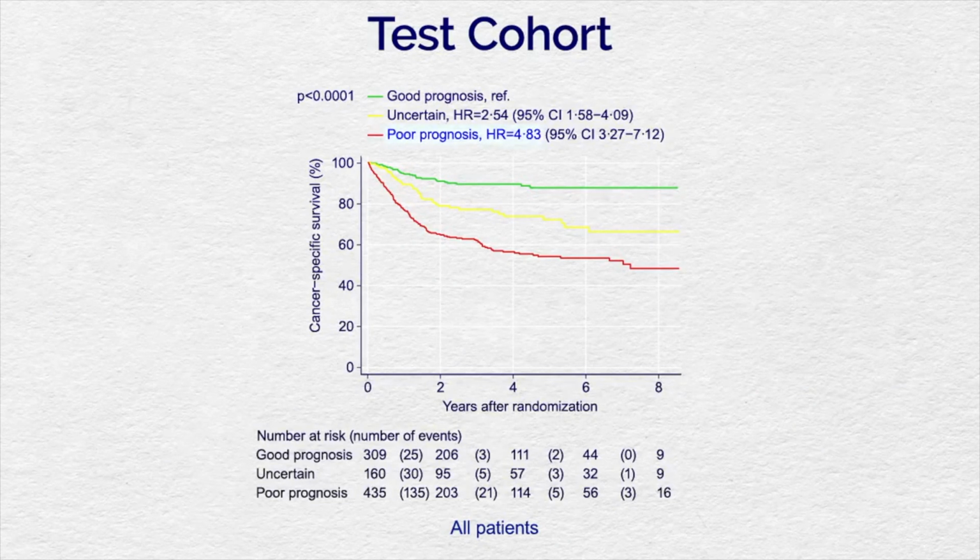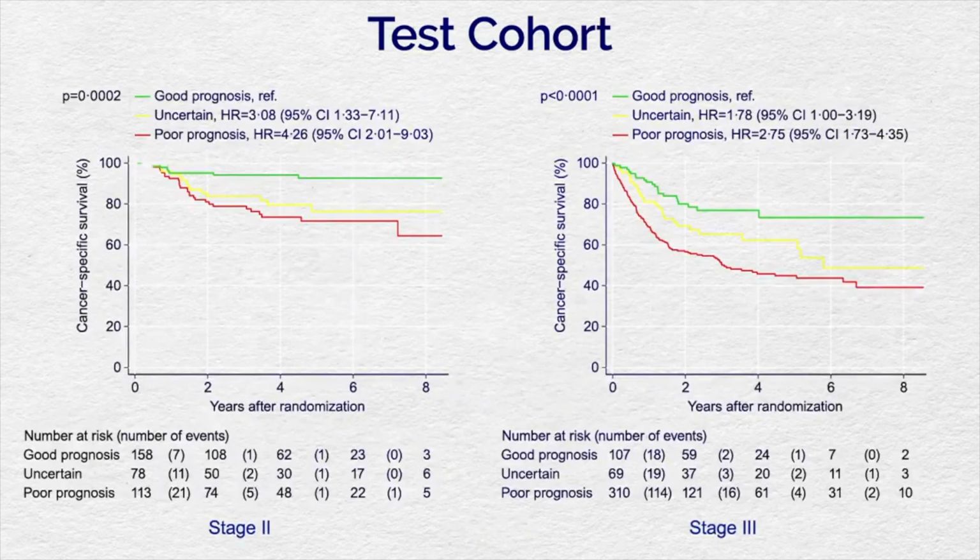Patients in the poor prognosis group had more than 4 times higher hazard of cancer-specific death than patients in the good prognosis group. The DoMore V1 CRC classifier was also a significant predictor of cancer-specific survival in Stage 2 and Stage 3. This strong prognostic performance indicates its applicability in different laboratories.